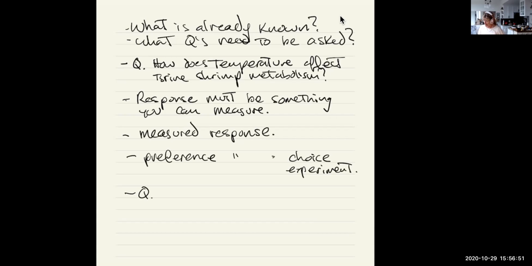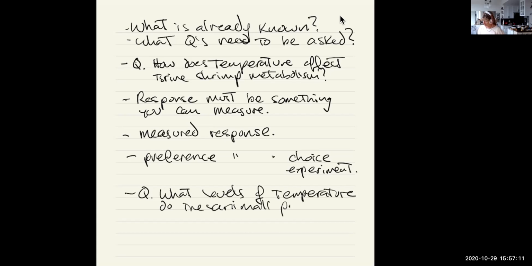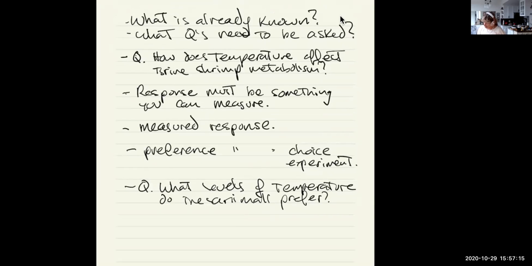So the question is, what levels of temperature do the animals prefer? So question 1, that leads to one type of experiment. Question 2, that leads to a different kind of experiment.